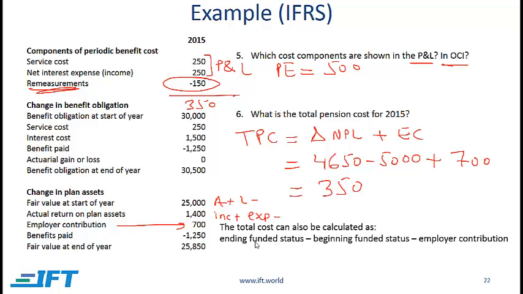So since we have a net pension liability, and if we are saying liabilities are negative, then we can say minus 4650 minus the beginning funded status, which again is negative because it's a liability, so minus 5,000, and then minus 700. So this is going to give minus 350, and in this convention an expense is negative, so minus 350 means an expense of 350. So either way we get the same answer.